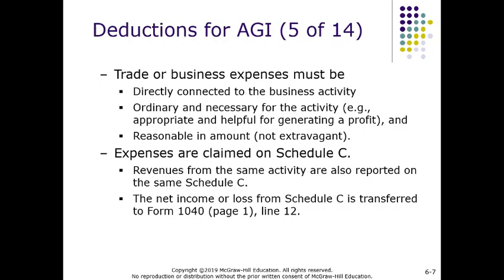I don't know if that really helps you understand what ordinary and necessary means, but it does not necessarily mean that it's a recurring expense. For instance, somebody sues your business.